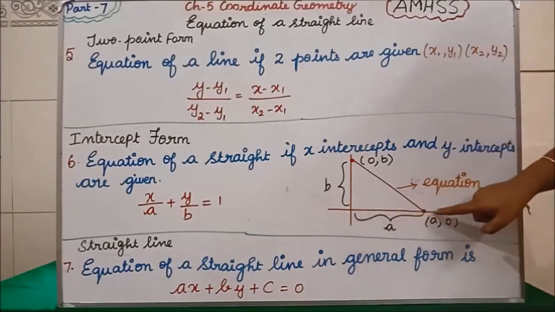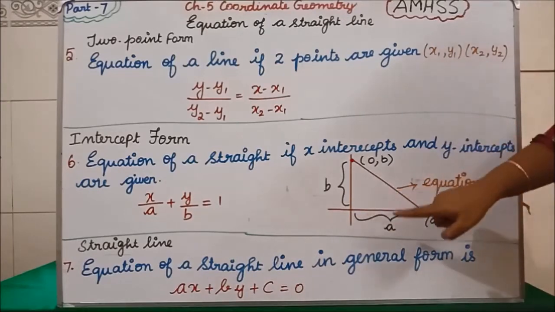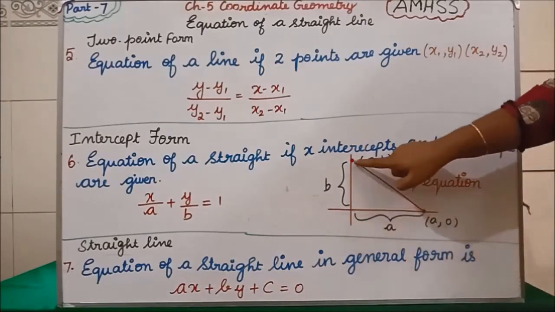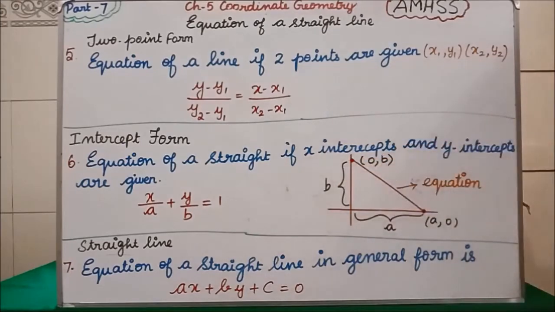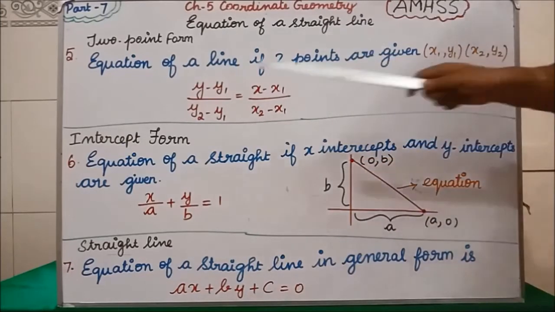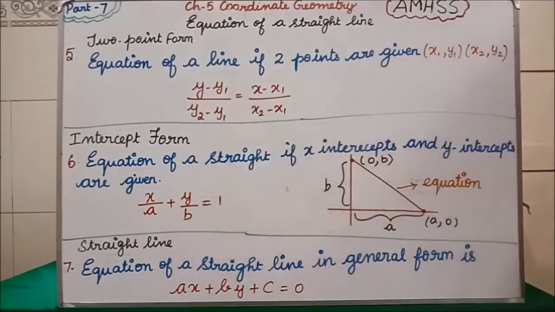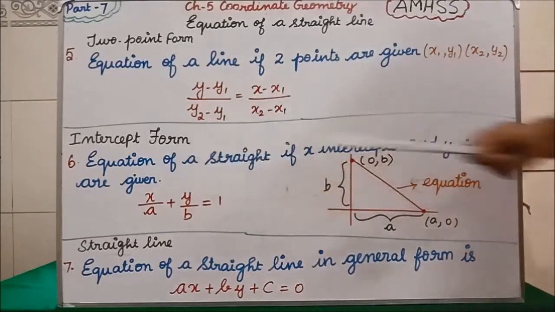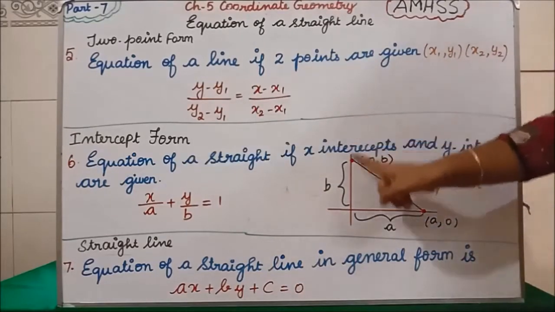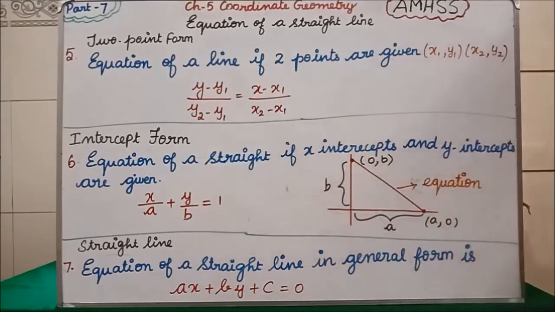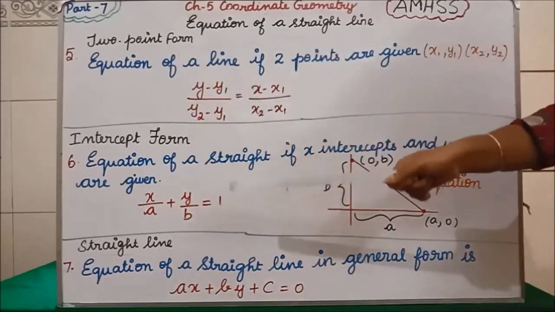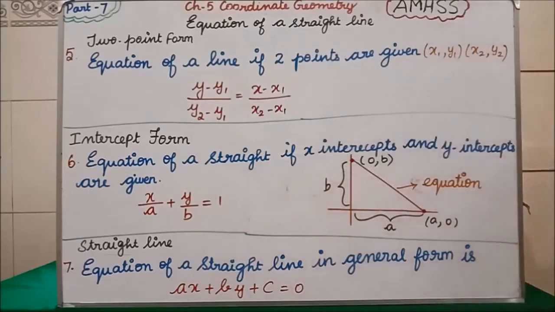So on the x-axis it intercepts at a, and on the y-axis it intercepts at b. Clear? So how can we write it now? x by a plus y by b is equal to 1. If the question gives the x-intercept and y-intercept and asks to frame the equation, you apply x by a plus y by b equal to 1.